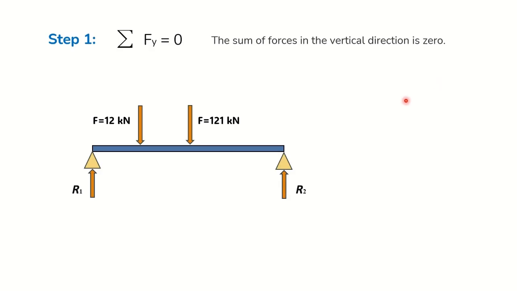Step 1. The sum of the forces in the vertical direction is 0. We have 4 forces, and we need to find out which ones are positive and which ones are negative. The ones going down are going to be negative. The two reaction forces go up, which means that they are positive.